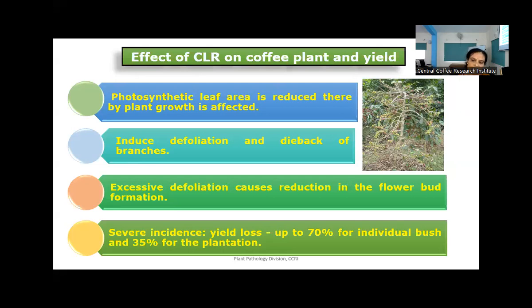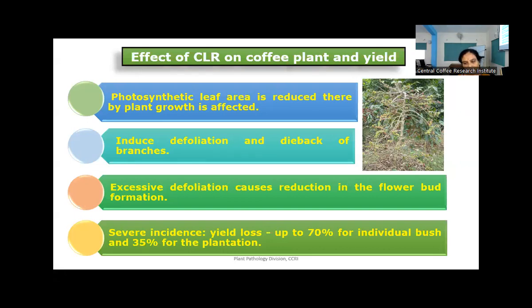In severely affected conditions, the plants look very barren, and the plant bush loses its framework. In such conditions, when the berries are on the plant, they are not able to develop and mature.